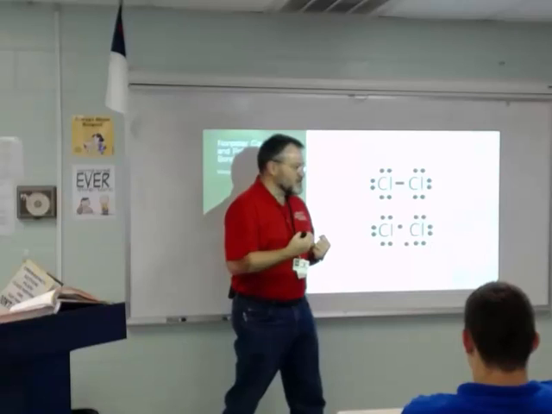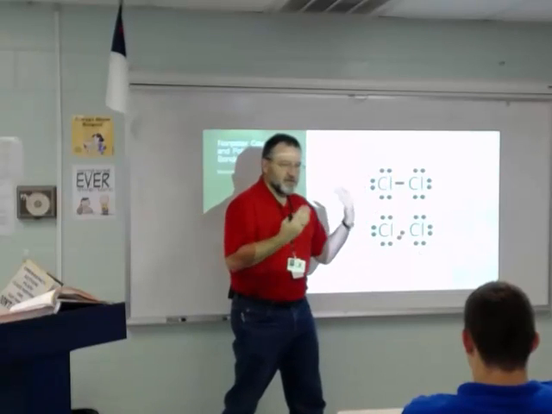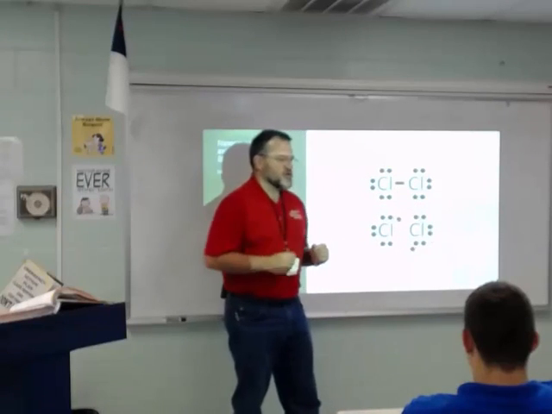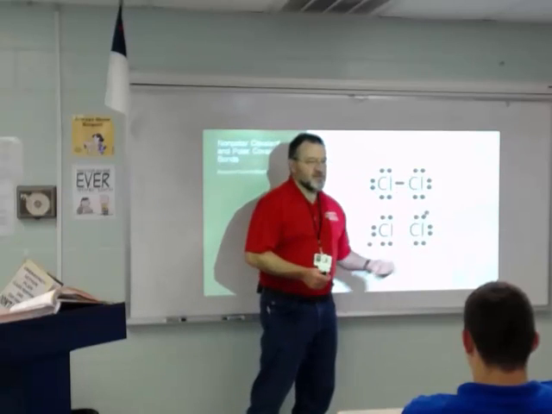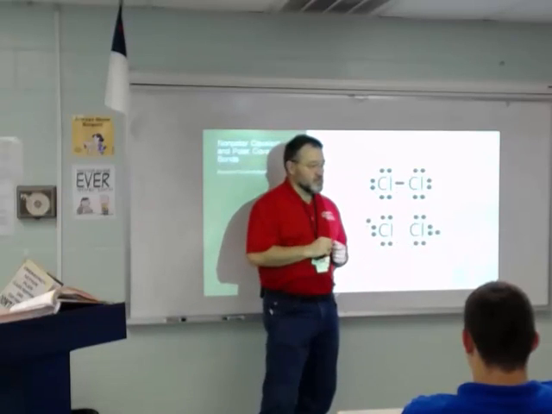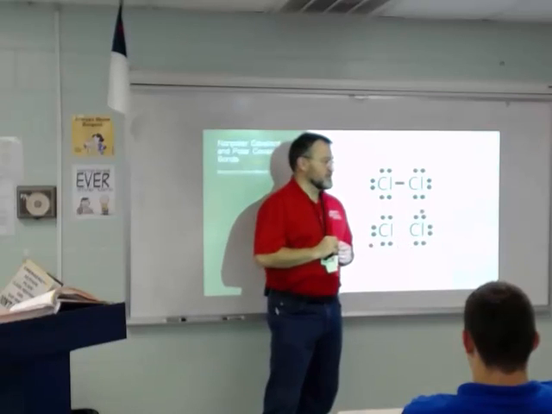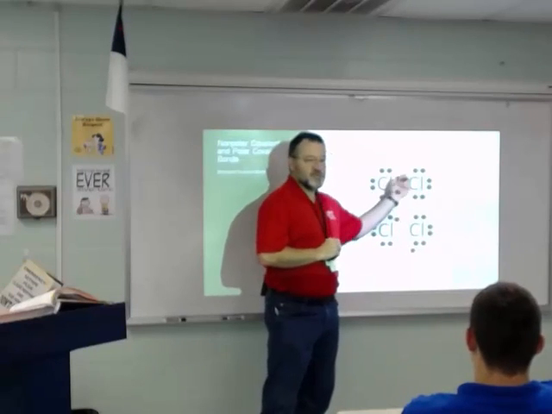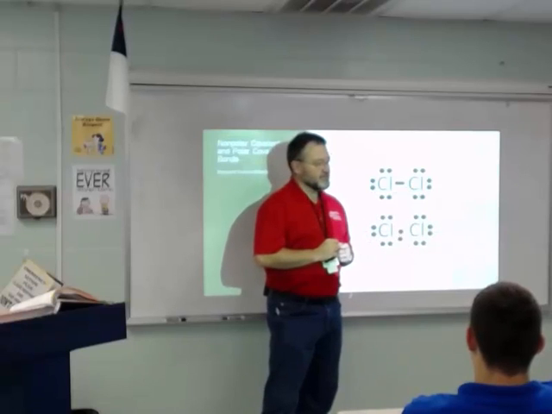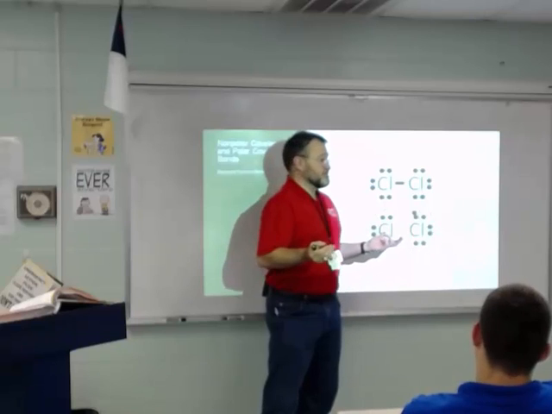Now, in the case of a homonuclear diatomic, you've got two chlorines. I ask you the question, which chlorine is exerting more force? Which one of these two atoms has a higher electronegativity? They don't. They're the same.